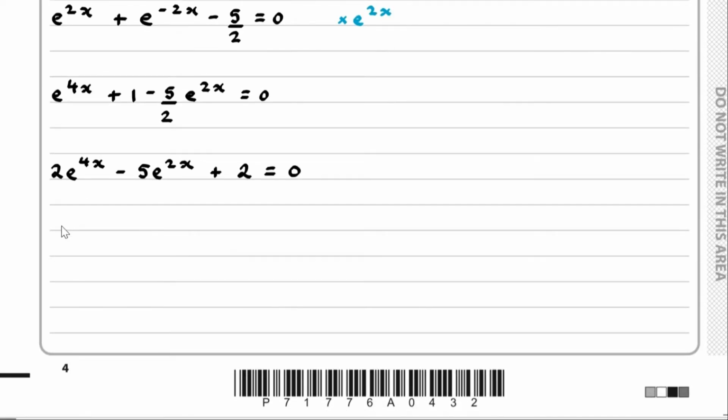And so therefore, if we factorize, we have (2e^(2x) minus 1) multiplied by (e^(2x) minus 2) equals 0, in which case we can see then e^(2x) is either equal to 2 or 1/2.